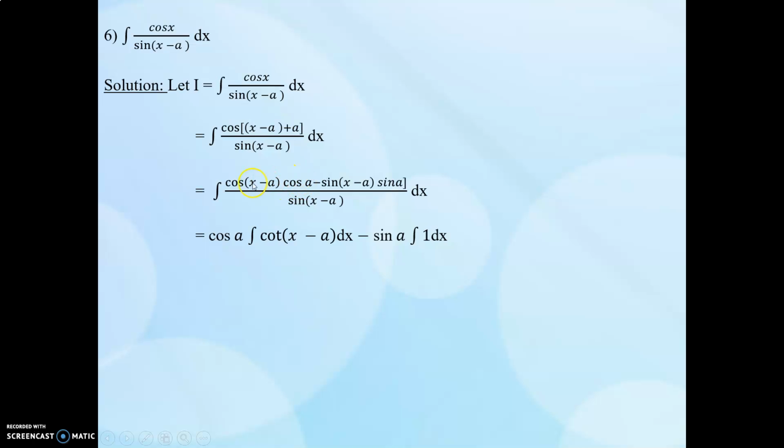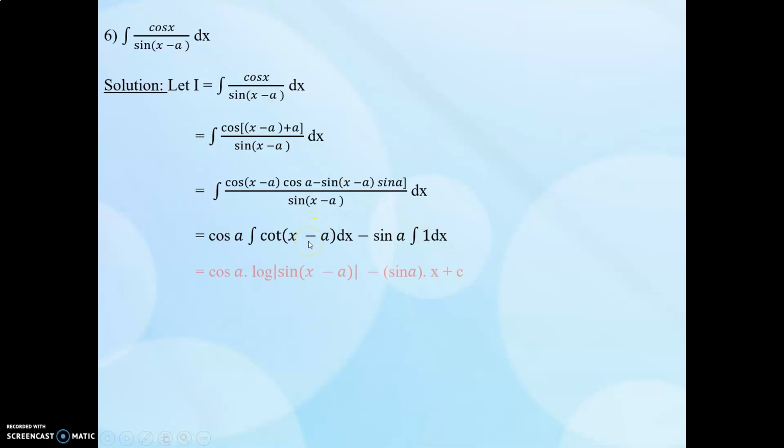Now we can divide this into two terms in the numerator. Cos a is a constant in the first term, so we can take it out: cos a into the integral of cos(x − a) upon sin(x − a) dx, minus sin a into the integral of 1 dx.